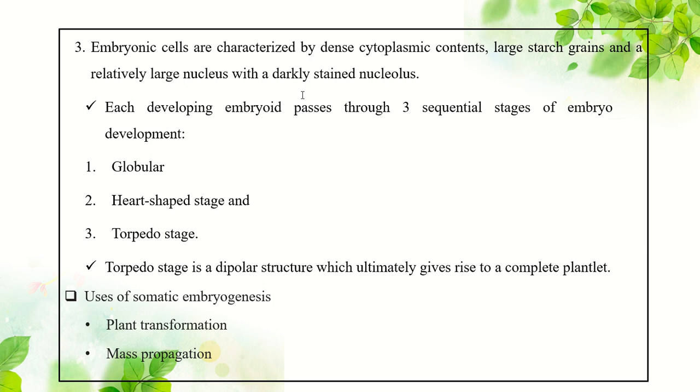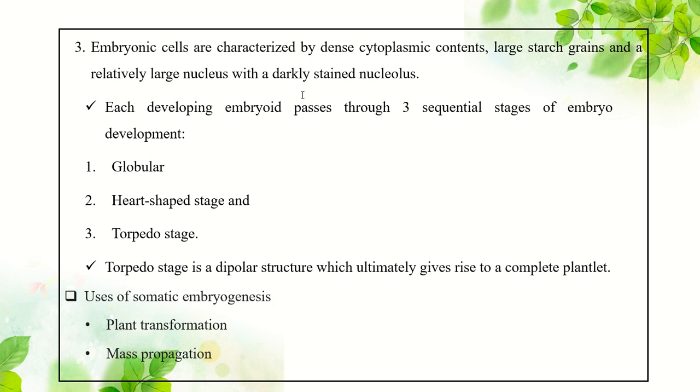Each developing embryo passes through three sequential stages of embryo development. As in any plant tissue, physiology gives you the differentiation, and in plant tissue culture techniques, the shape also changes under the microscope when you are dealing with callus formation or embryogenesis.